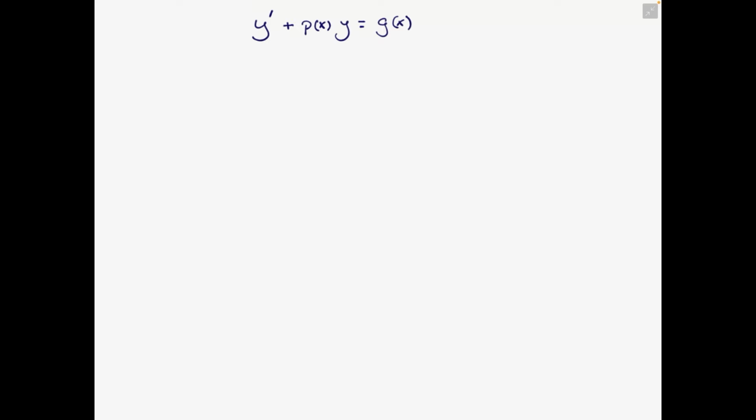And we had a theorem where y, if it's of this form, is equal to 1 over mu of x times the integration of g of x times mu of x dx plus c, on mu of x.